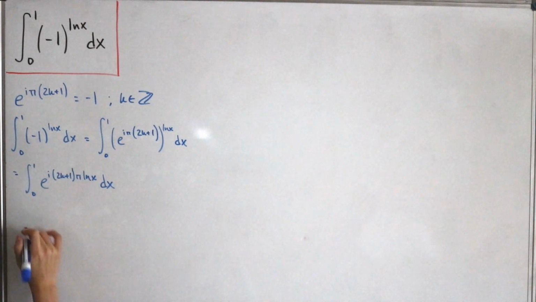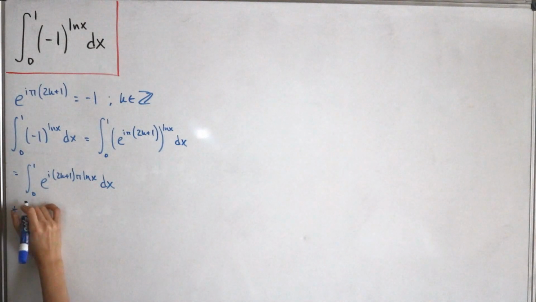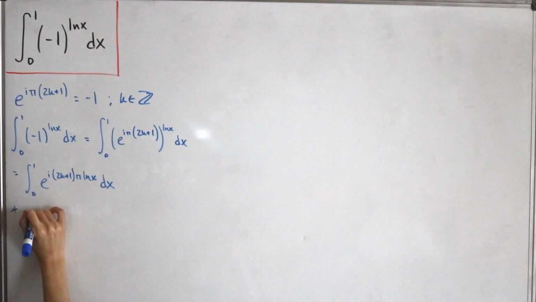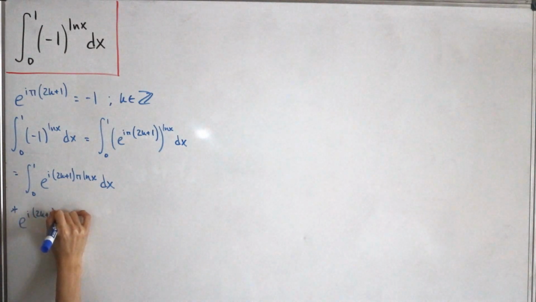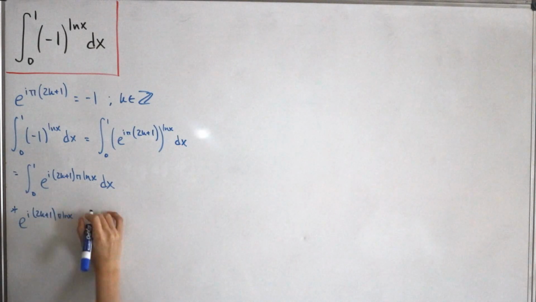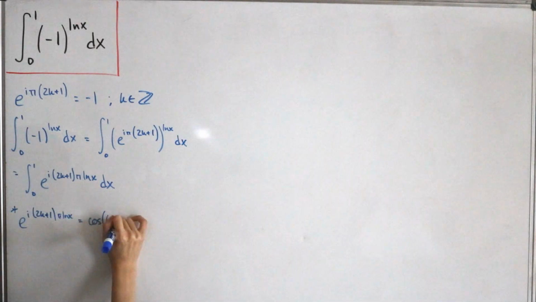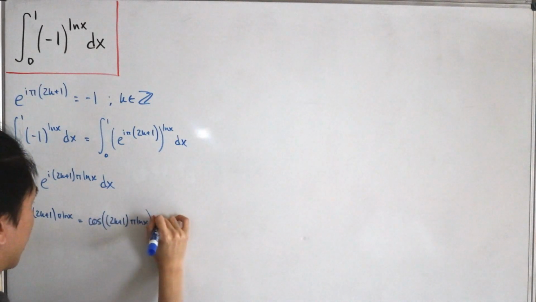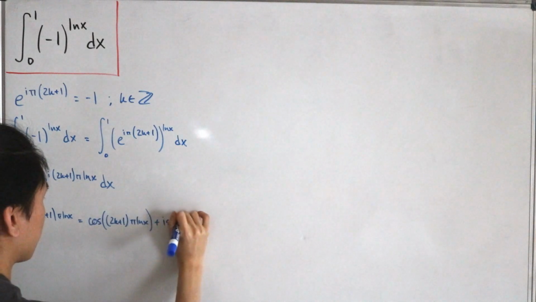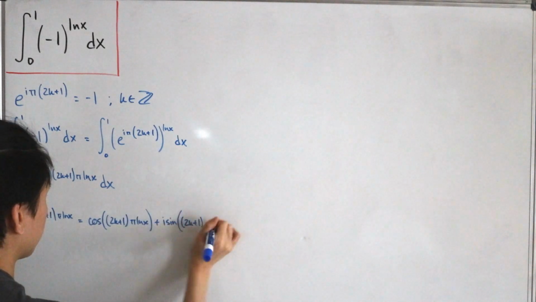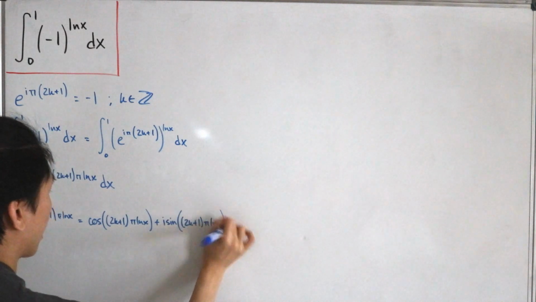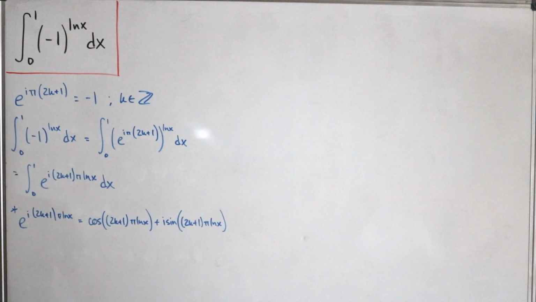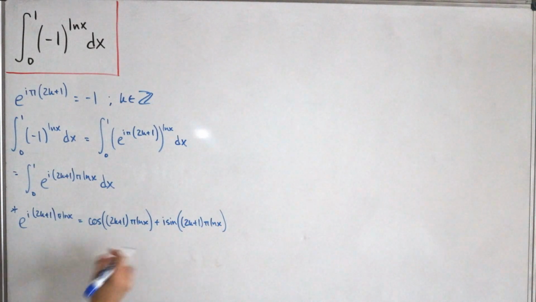So e to the power i (2k+1) pi ln of x equals cosine of (2k+1) pi ln of x, plus i times sine of the same input, (2k+1) pi ln of x. Jumping a step further, we can apply linearity and write this as a sum of definite integrals.